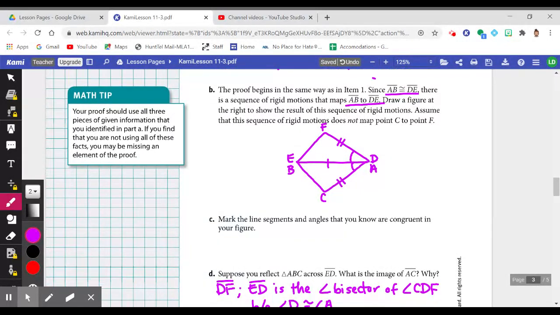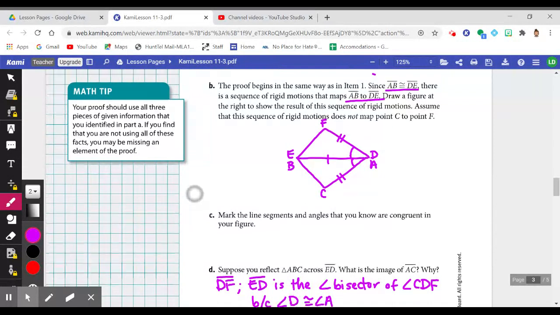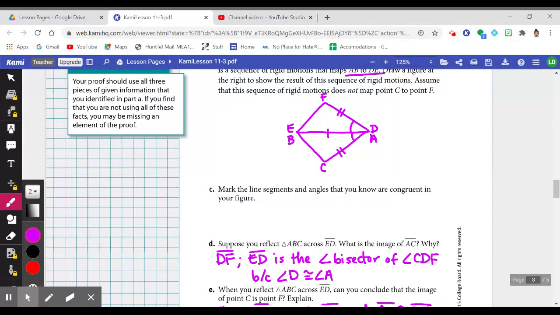C said mark the line segments and angles that you know are congruent. And so now we have a pair of angles that are congruent. And this is what D really suggests, really focusing on these pairs of angles. D says suppose you reflect triangle ABC across ED. So we're going to take triangle ABC, use line ED as a line of reflection, and map onto triangle DEF.